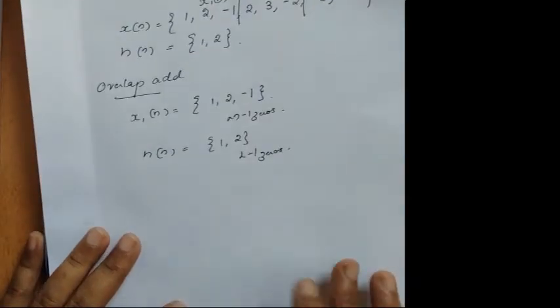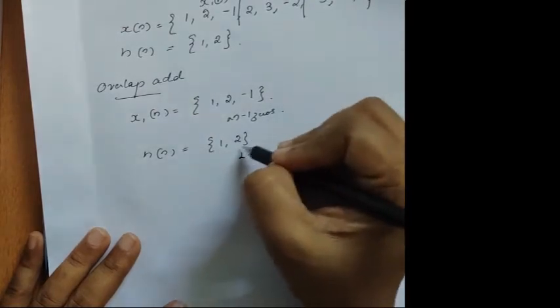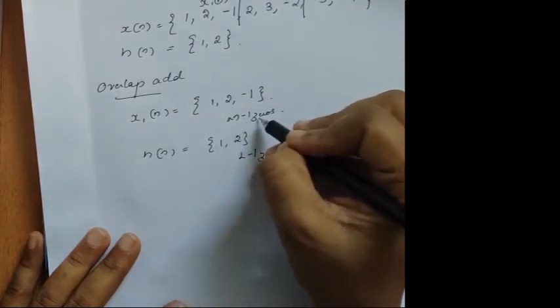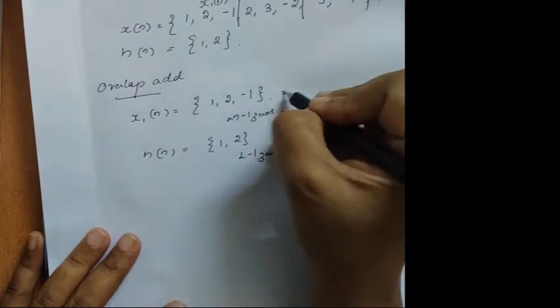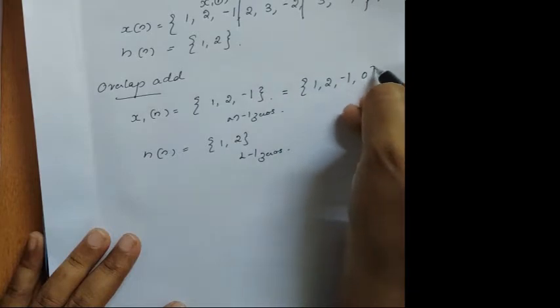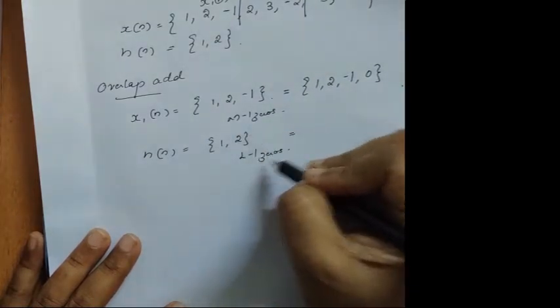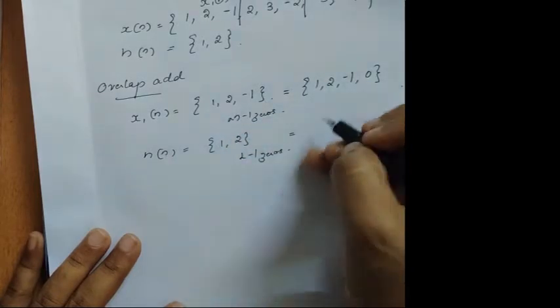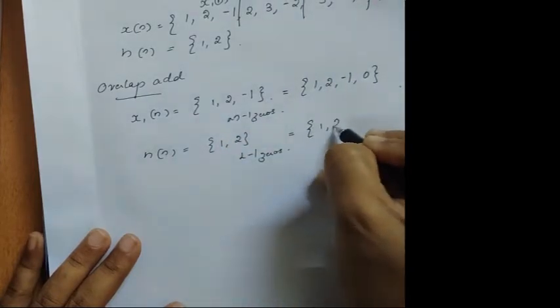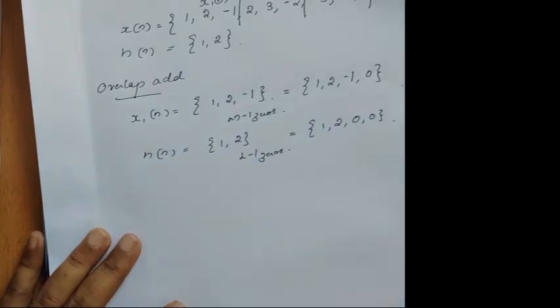Hope you remember it from the previous class. Here m is 2, so 2 minus 1, one 0 should be added, that will be 1, 2, minus 1, 0. And over here l minus 1, l is 3, 3 minus 1 is 2, so 1, 2, 0, 0. Hope you got this.